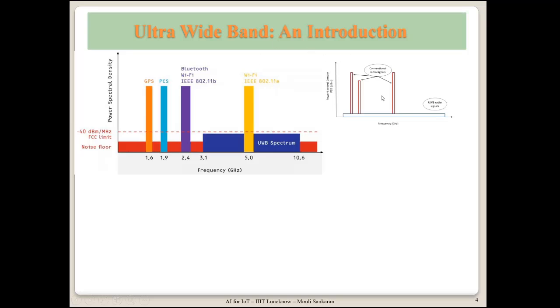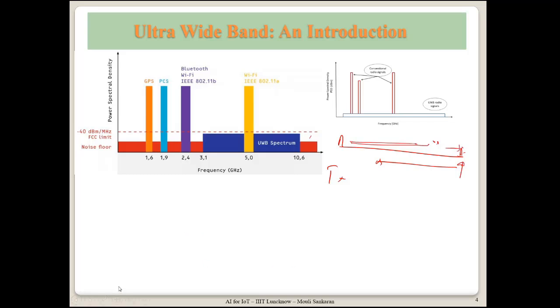Now UWB is nothing but a wider frequency being used. Short pulses are sent. What is happening is short pulses are sent by a transmitter. It is sending a short pulse, and on the receiving end, it measures how much time the pulse takes to reach it.